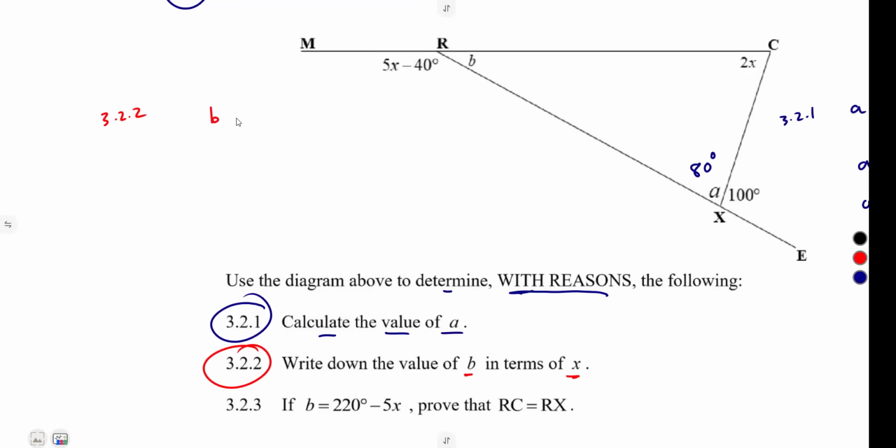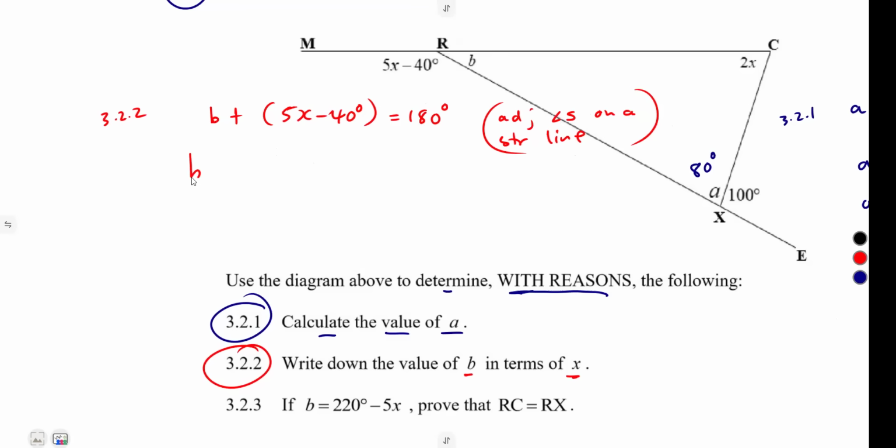Angle B plus 5x minus 40 degrees as a combined expression is supposed to give us 180 degrees. Why? They are also adjacent angles on a straight line, and they add up to 180 degrees. So you can find B in terms of x.